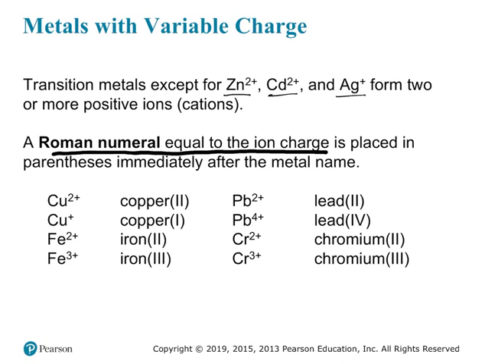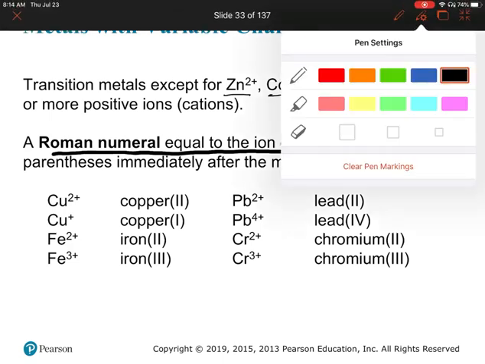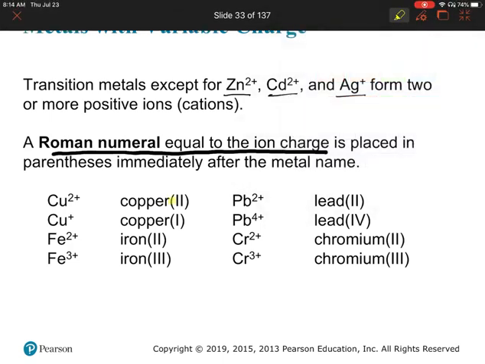We have copper, and copper can either have a +1 charge or a +2 charge. So the way that we differentiate those is, again, with Roman numerals in parentheses. So you'll notice that the 2 plus ion for copper has a Roman numeral 2 in parentheses, and the +1 ion has a Roman numeral 1 in parentheses.